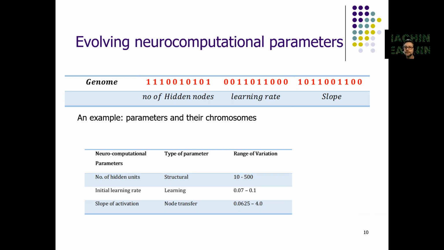You have to do that because the range of variations relates to the number of bits that you are going to use, especially if you use binary representation. It will affect the encoding that you have. Okay, so you have to make a decision at some point on the range of values that you will allow the parameters to take.